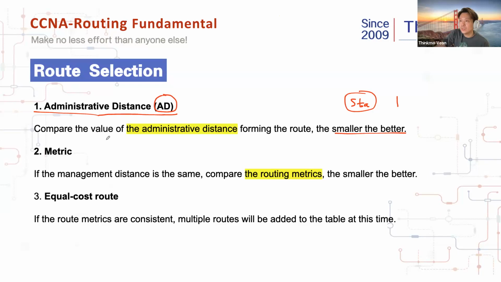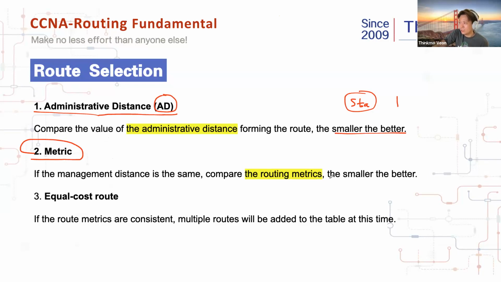Yeah, so we continue with our lessons. The second condition that the router uses to select the route is the metric. If you are using the same routing protocol, for example dynamic routing, the router will compare the metric to select which is the better path to forward the packet.